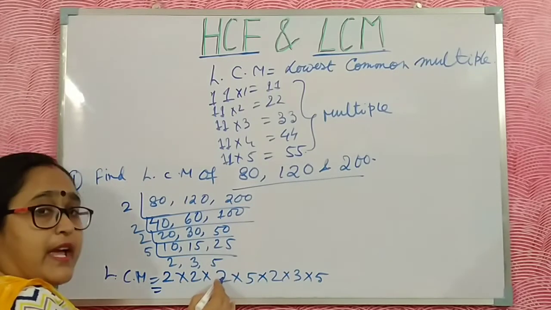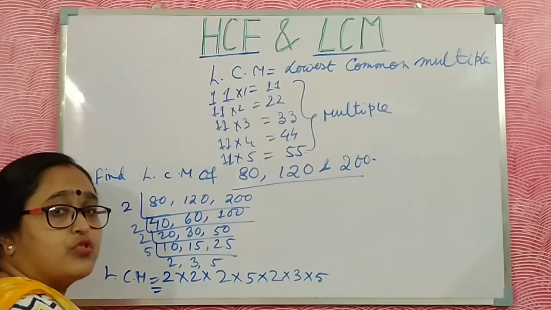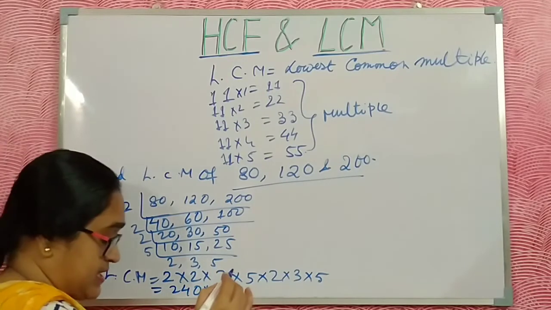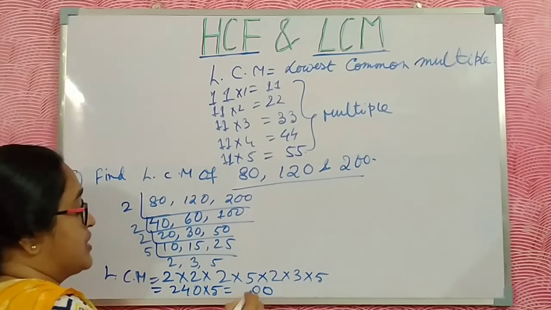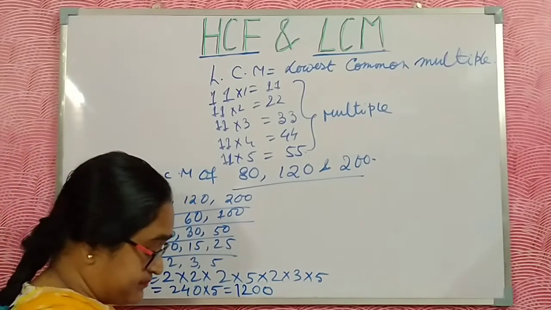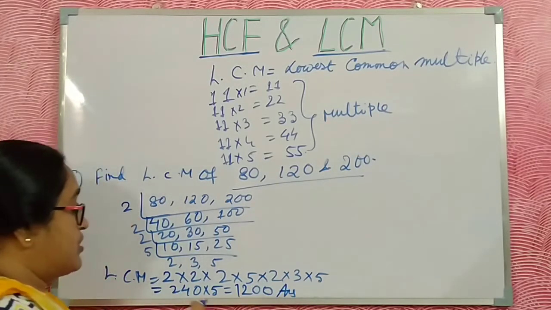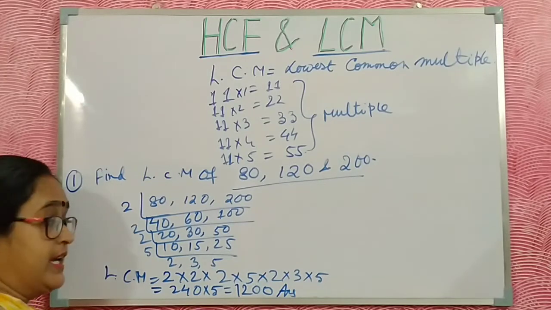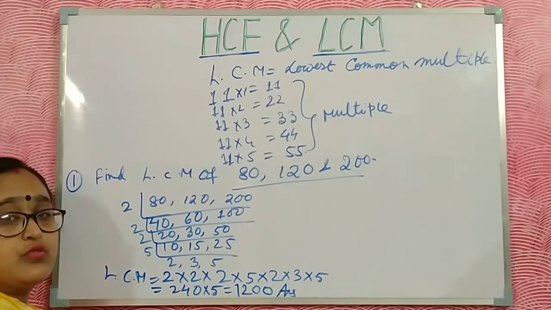Then for the LCM you do the multiplication. 2 fours are 8, 8 5s are 40, 40 twos are 80, 80 threes are 240.